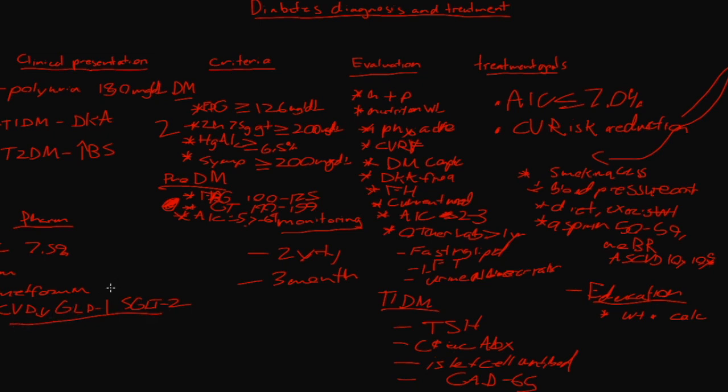However, there is some caveat with these two drugs, the SGLT2s and metformin. We don't want to use them if the GFR is below 45. Why? Because they're excreted by the kidney, and if you don't account for that, then you're going to damage the kidney, and it's just not a good idea. So we want to take that into consideration.